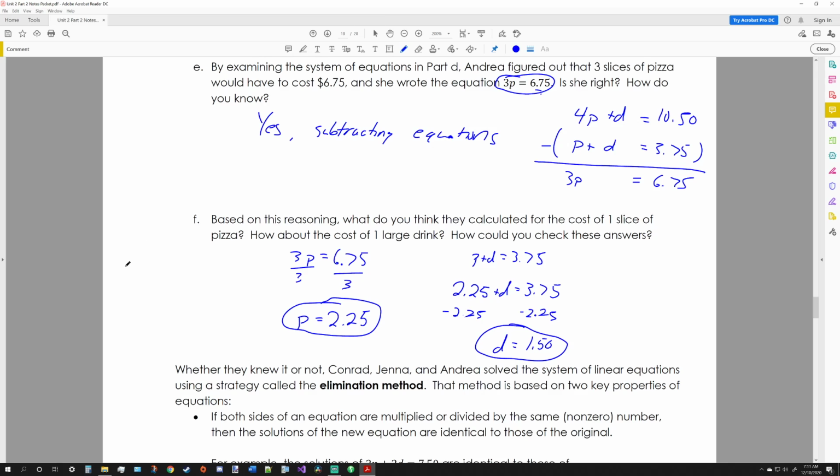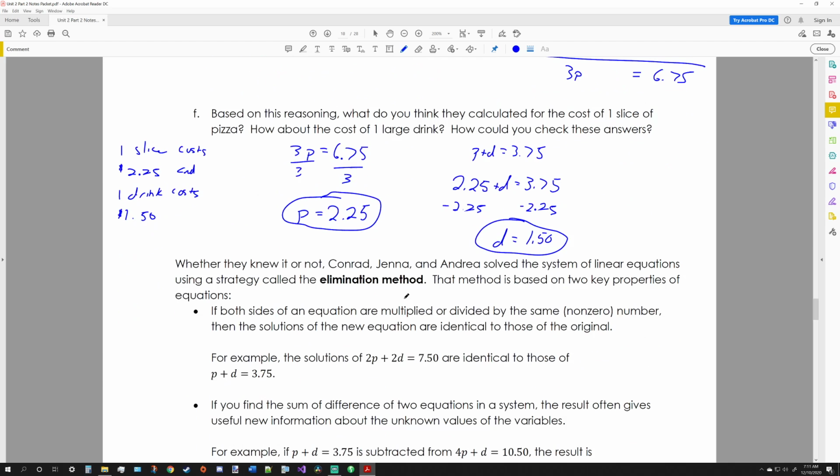So, we would say one slice costs $2.25 and one drink costs $1.50. Right? Because we can't put x and y because there's no independent or dependent variable here. So we don't relate them as a coordinate point.